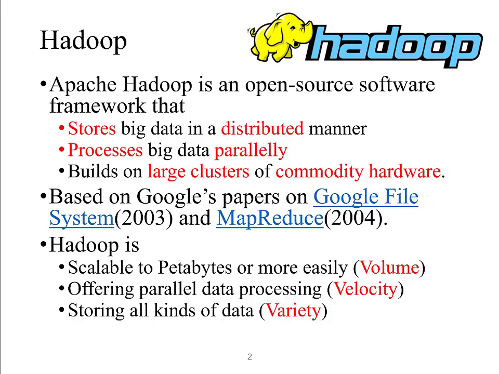The history of Hadoop is closely related to two Google papers. One is the Google File System, and another is MapReduce. So in 2003, Doug Cutting launches a project named Nutch.